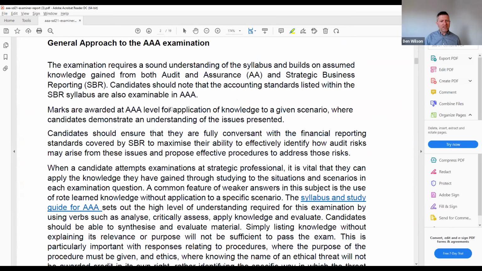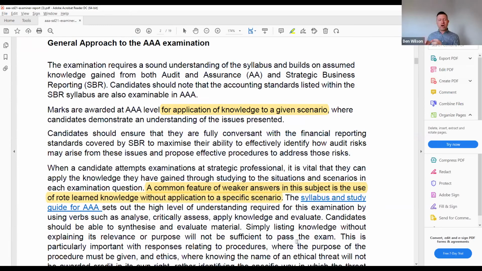So marks at AAA are for application of knowledge to a given scenario, not for demonstrating knowledge, but for applying it to the scenario. Look, a common feature of weaker answers in this subject is the use of rote-learned knowledge without application to a specific scenario. It's exactly what I've been saying all the way through this presentation.